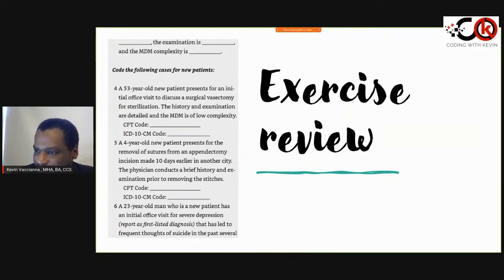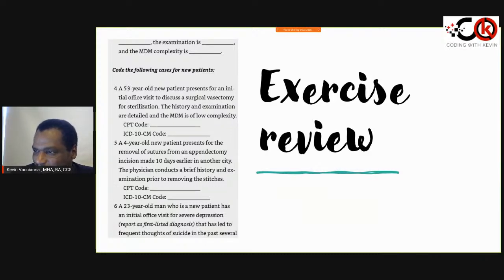All right. So with that said, I'm going to need a group of whoever. Somebody grab your ICD-10 book. Another person grab your CPT book. Well, just everybody do it, and tell me. But I need probably at least 2 or 3 people looking up the ICD-10 code for this scenario. A 53-year-old new patient presents for initial office visit to discuss a surgical vasectomy for sterilization.